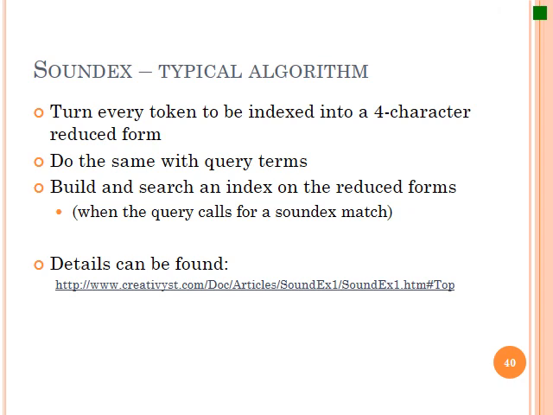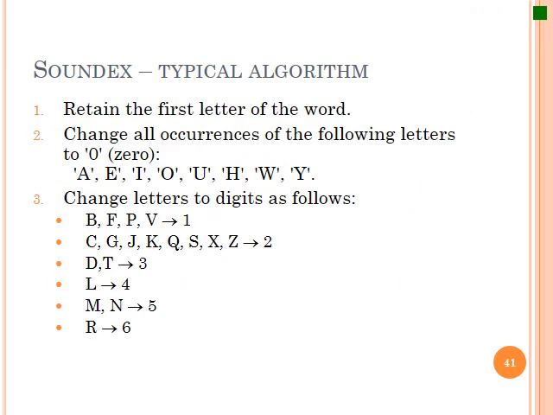So this is a little bit like hashing, like you're hashing many different terms into a smaller set of terms. If 2 terms are hashed into the same reduced form, then these 2 are considered equivalent by Soundex. But how do you do this? This is the algorithm.